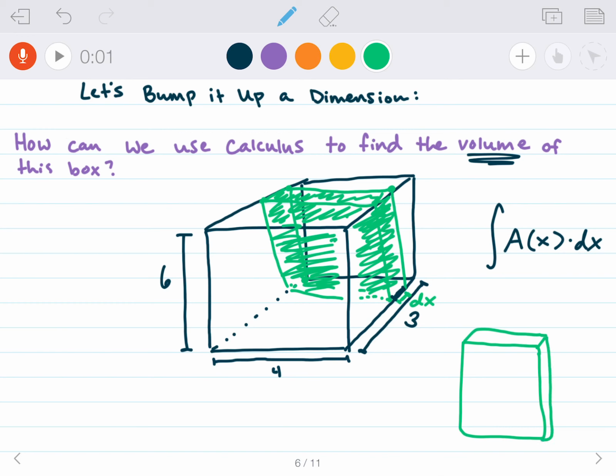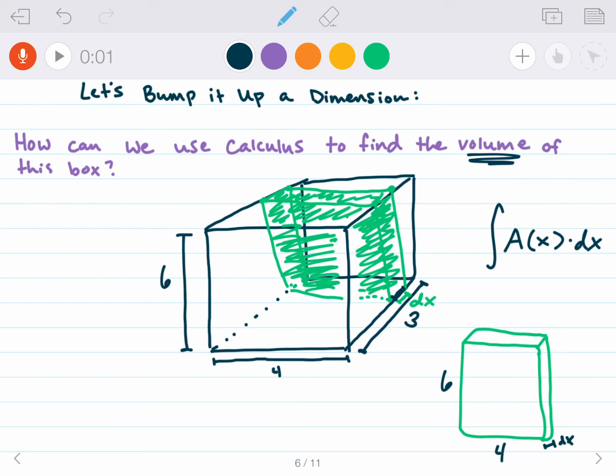Okay, so it looks like that. It has some thickness to it, and we'll call this thickness dx. Okay, and then it has a length and a width. And the question is, how can I write the length and the width in terms of x?